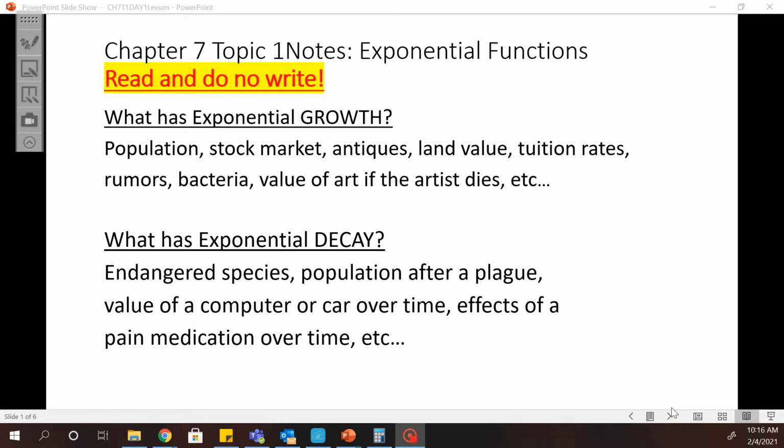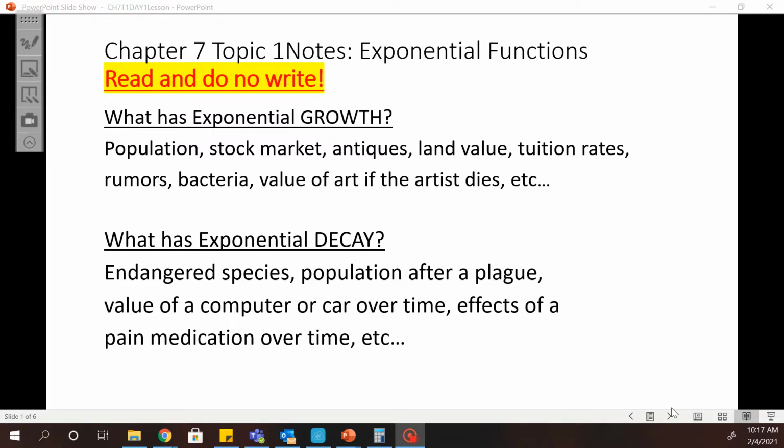Exponentials are a different type of function than the ones we've been seeing, and they model situations where value either increases or decreases very rapidly.